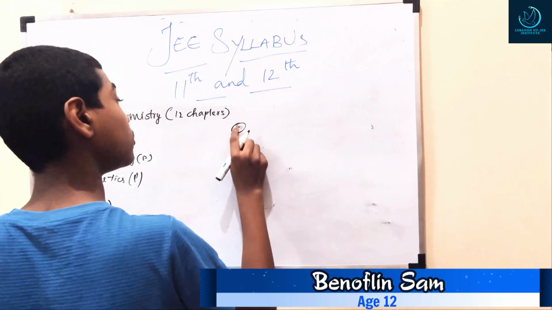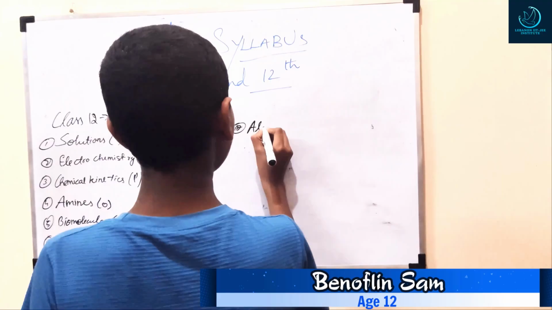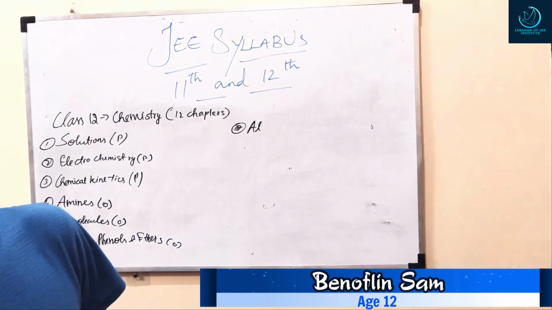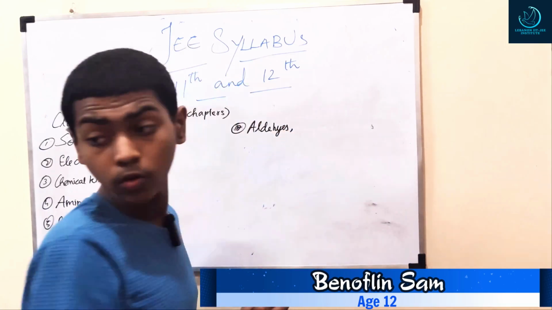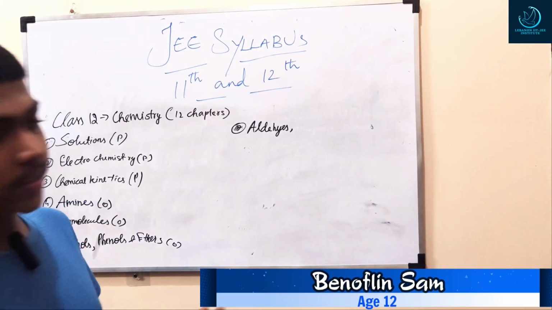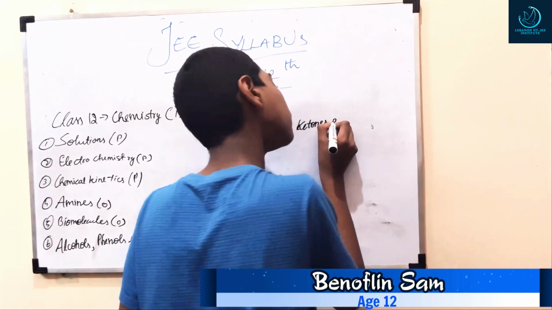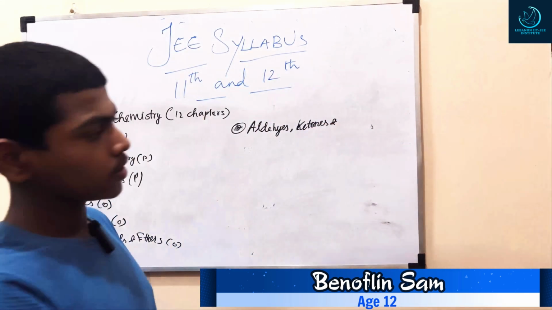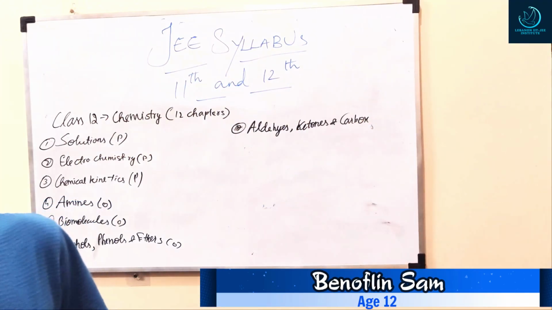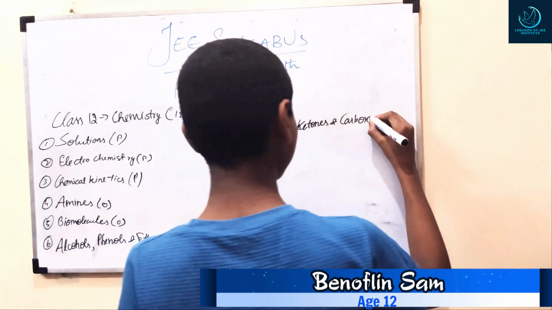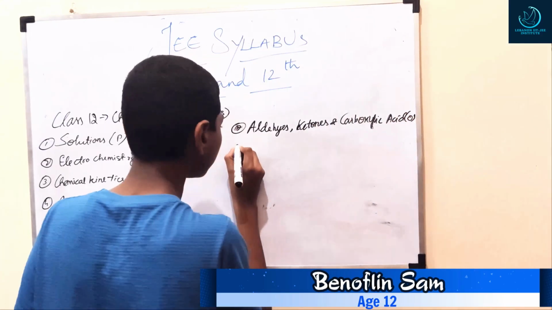Seventh one is aldehydes, ketones and carboxylic acids. Oh my god, these are so hard actually. Can you feel the hard? I think yes. Organic chemistry.